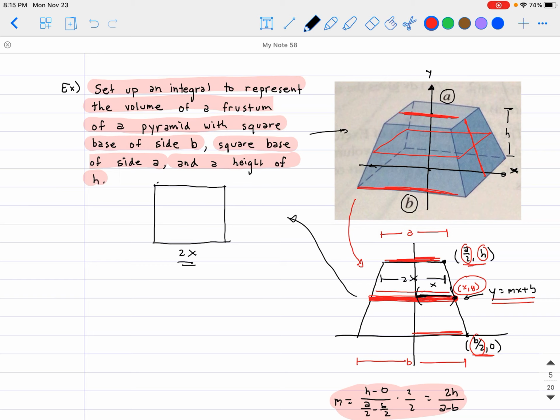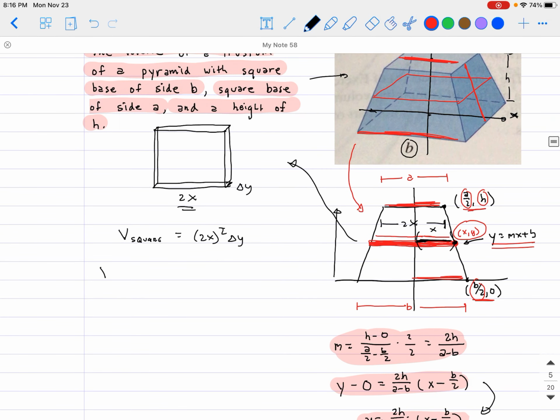Then we're going to draw the thickness part of it. You can see how the square is going to be hopefully a somewhat nice equation. But my thickness is going to be delta y because we are going to stack this vertically. So the volume of the square, or this cross section, is going to be (2x) squared times delta y.